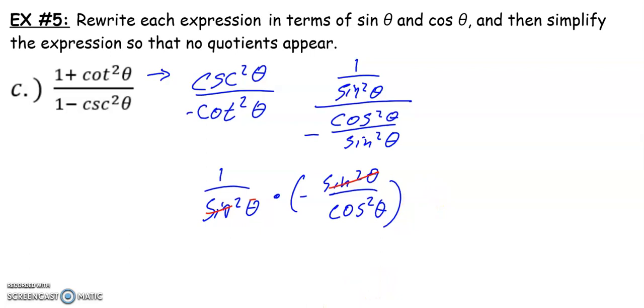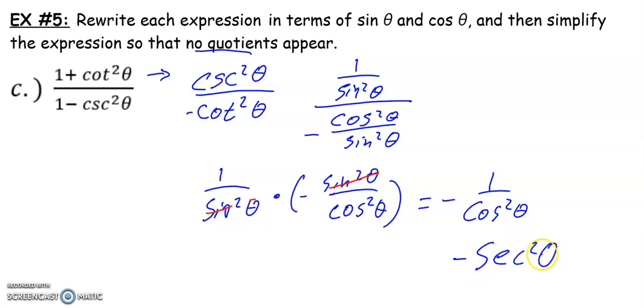And that's going to leave me with negative 1 over cosine squared theta. Cosine squared by itself, I really can't do anything with it, but I don't want a quotient in my answer. No quotients, no fractions. So this is going to become negative secant squared theta.